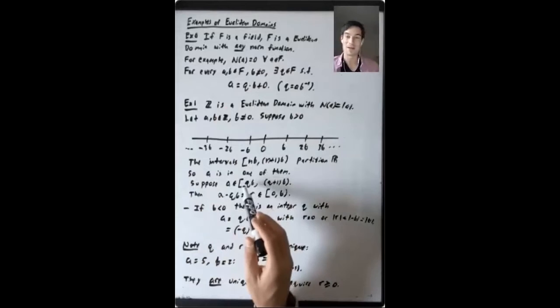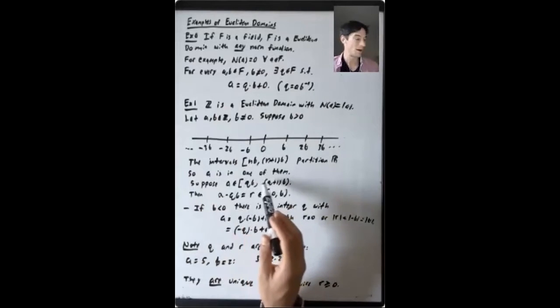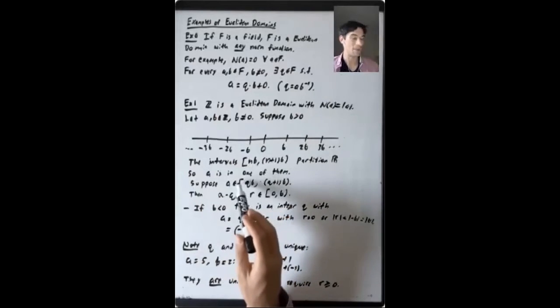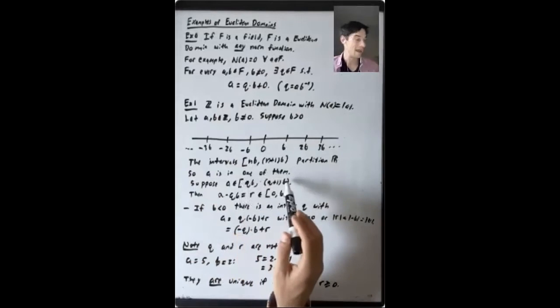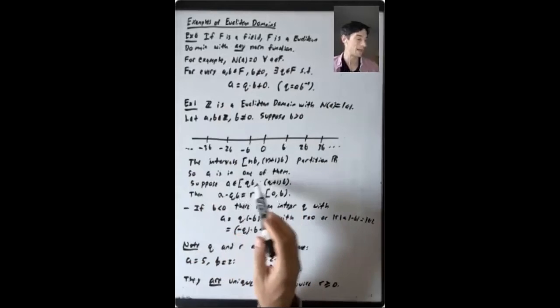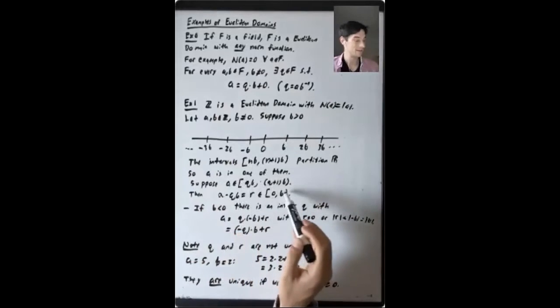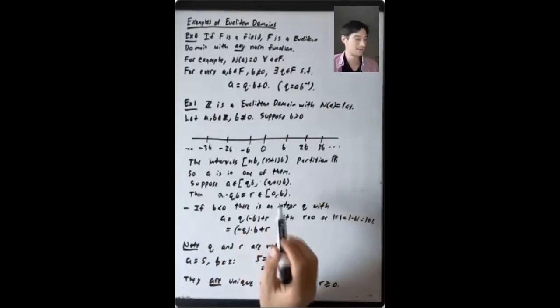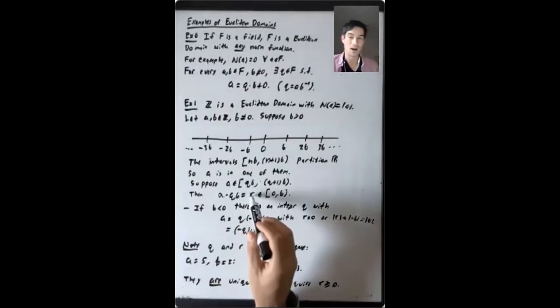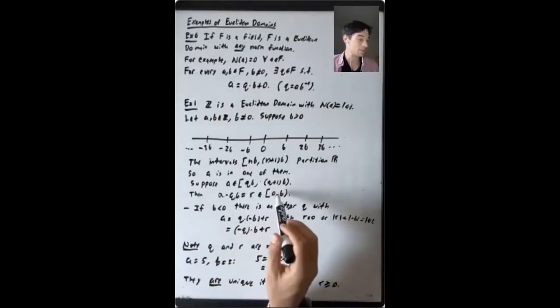You subtract the bottom endpoint. So what is R? It's the distance from A to the bottom endpoint. And that's somewhere in between 0 and Q plus 1 times B minus QB, which is B. And that's it. So when B is positive, that's the whole proof. This is what we were trying to show. So the norm of R, the absolute value of R, is certainly less than the absolute value of B.